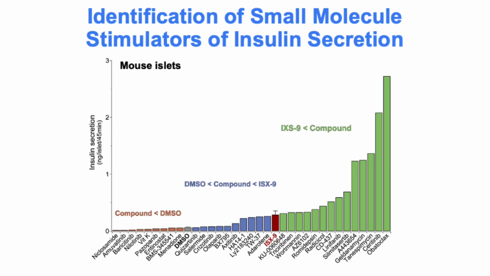And then this is the results of the screen. So they tested about 30 drugs, and you can see that we're really enriching for compounds, and there's several compounds that are doing much better than our control compound in mouse islets.